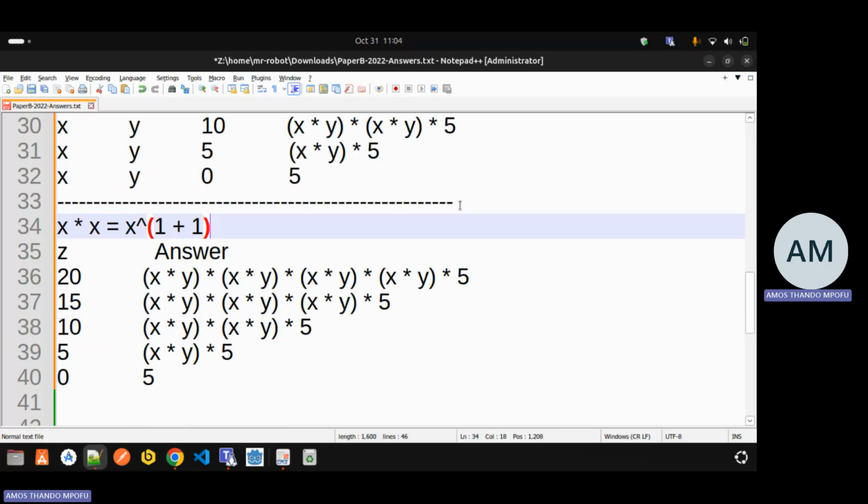Why 1 plus 1? Because x times x, any variable has a default exponent of 1. You can omit the exponent and not say x to the power of 1. So this would be basically x squared. Hence we get x squared. That same property in math, which is very basic math, you can be doing a BSc degree and you don't know such basic math.